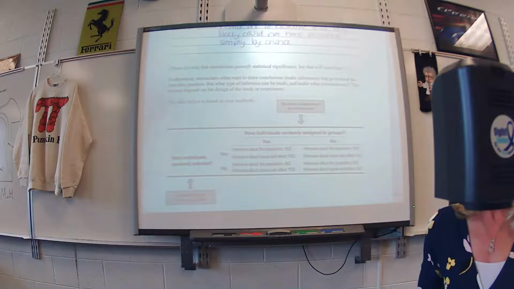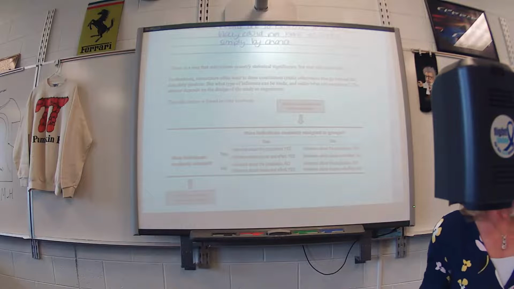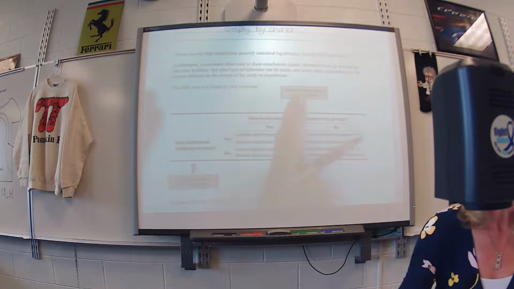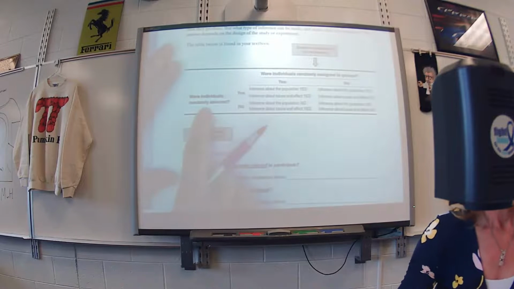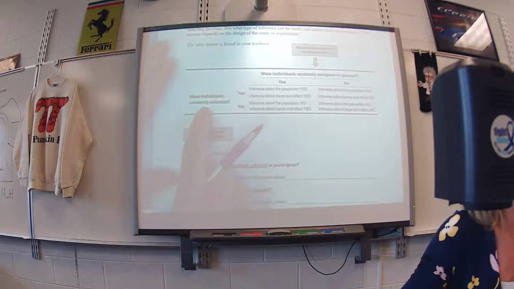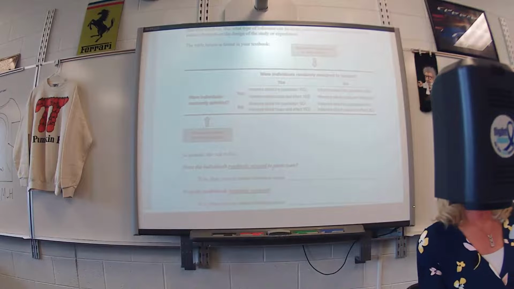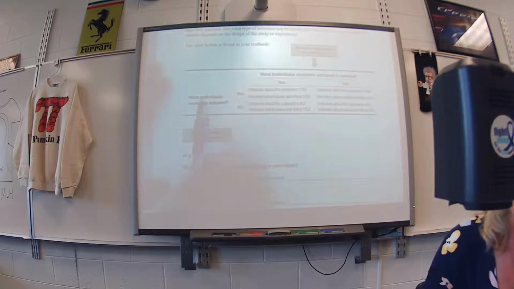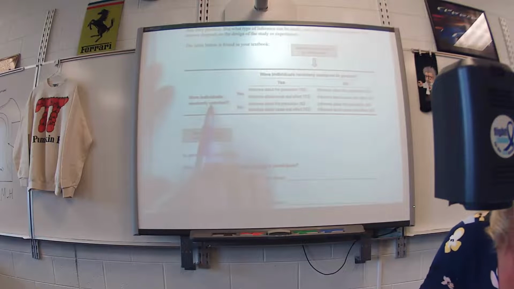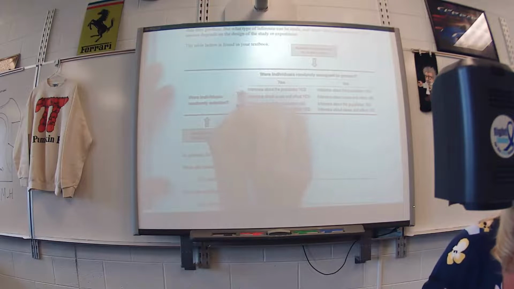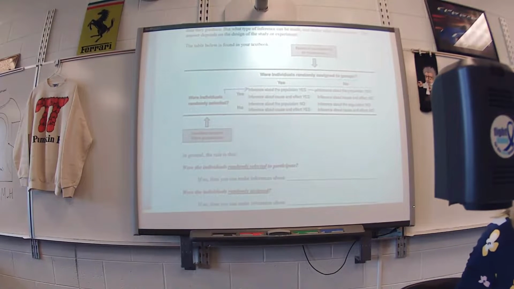Now, when it comes to drawing other conclusions, it depends on how your experiment is set up, okay? You can randomly assign people to their treatments, and you maybe could have randomly selected the people to even participate. So let's talk about that first, because you think that has to happen first. The bottom line is, if individuals are randomly selected to participate in your experiment, you can make inferences about the population.